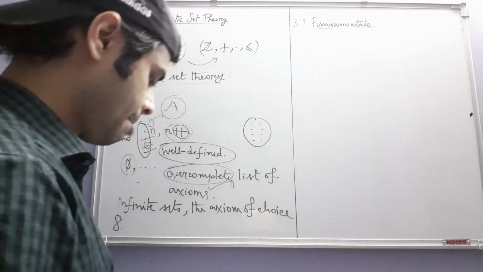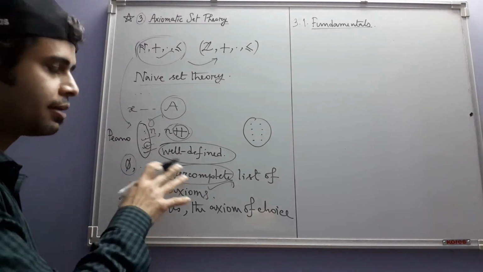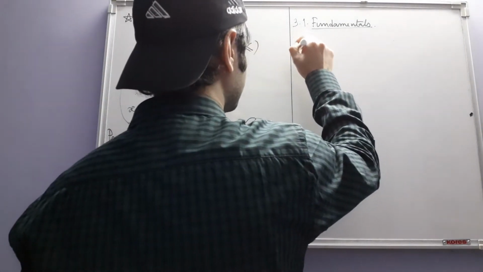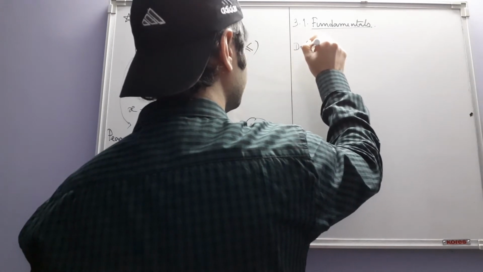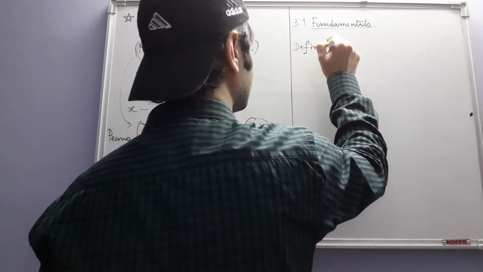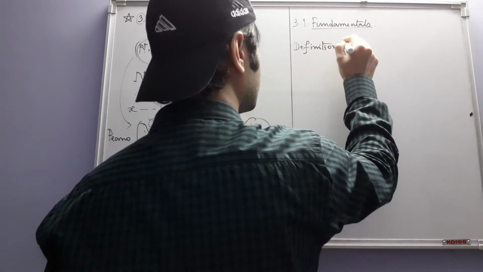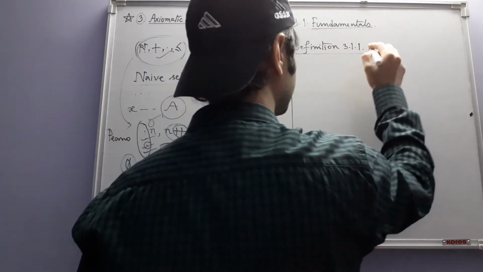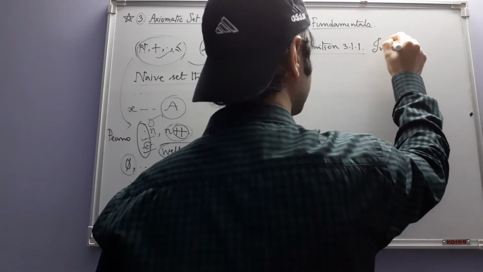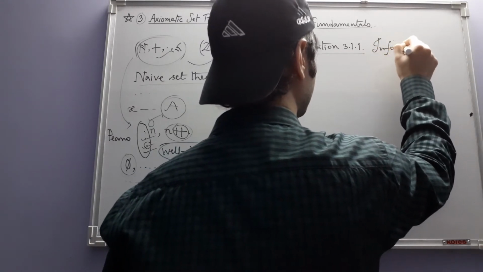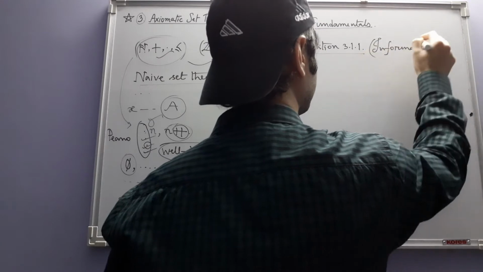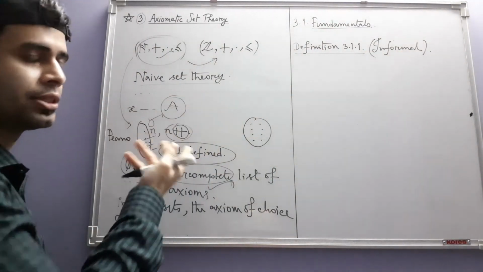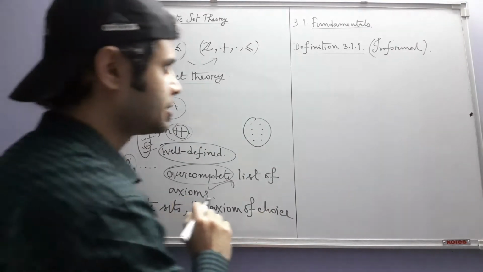Now, the first definition of sets, as I have already said, is a rather loose definition. Definition 3.1.1. It's so loose that it comes with the word informal. By now you already know what informal means in definitions, examples, etc. We have already seen this.